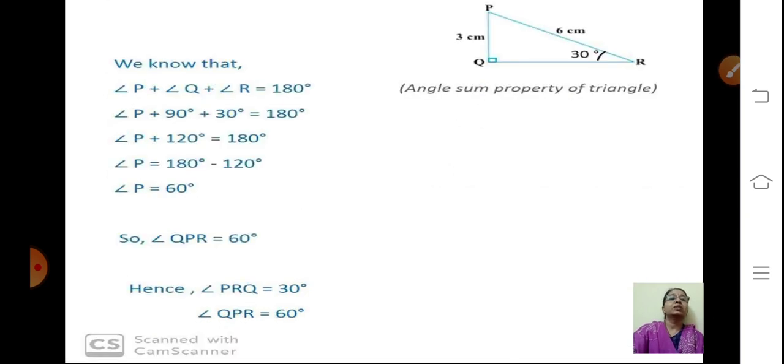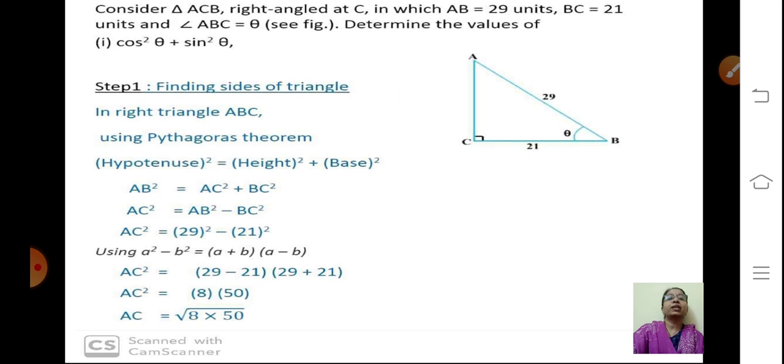So now in the same triangle, apply angle sum property. Angle P plus angle Q plus angle R is equal to 180 degree. Angle P plus Q is 90 degree. Just now we have calculated R as 30 degree, is equal to 180.